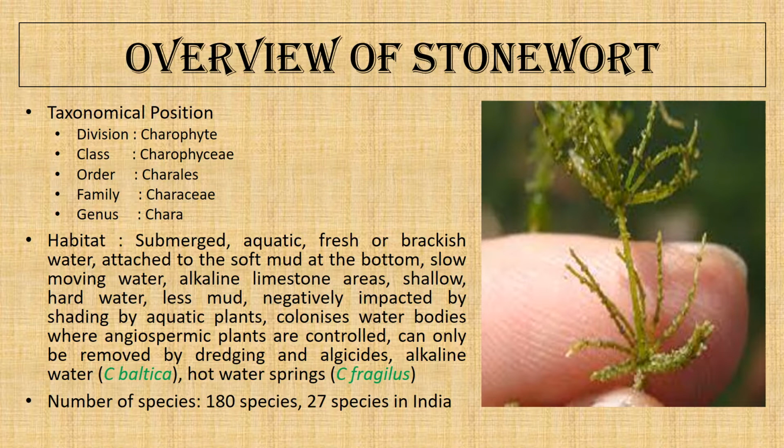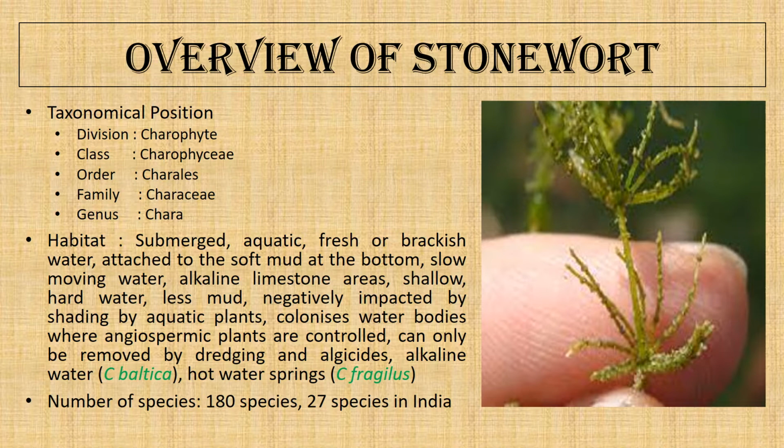And these charophytes are also called stoneworts due to this same reason, the rough-to-touch feature. The charophytes mostly occur in very clean water, and they grow in both fresh water and brackish water, but it always depends upon the species.